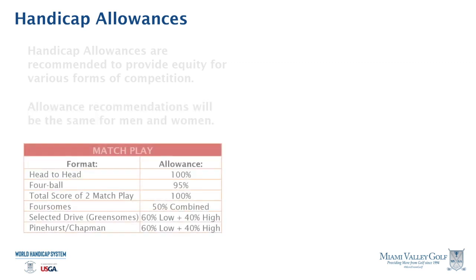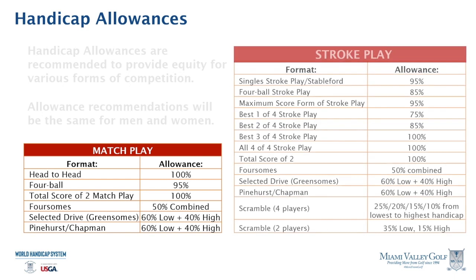All right. So in match play, these are the percentages. In stroke play, those are the percentages. So when you just go out and play a stroke play event or a Stableford event, you used to have the bonus of excellence, which was 96%. Because that's no longer there, now they're recommending that you take 95% of that.